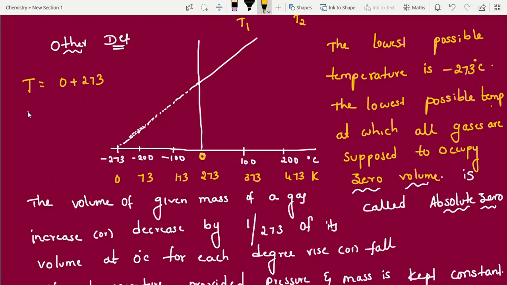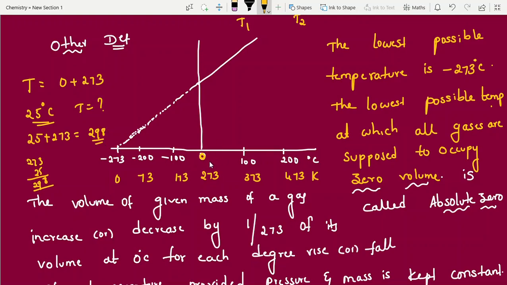Suppose they have given 25 degrees centigrade. How do we convert it into Kelvin? 25 plus 273, which is 298. This is the expression, and like this we convert.